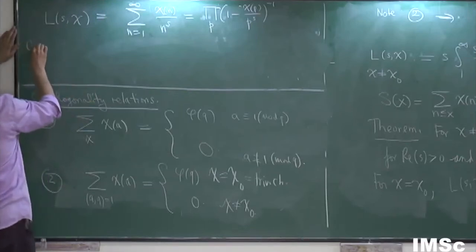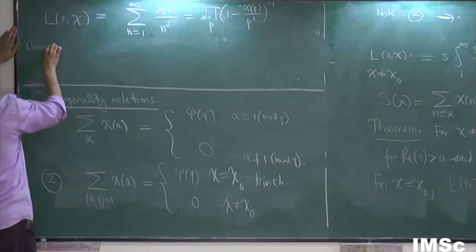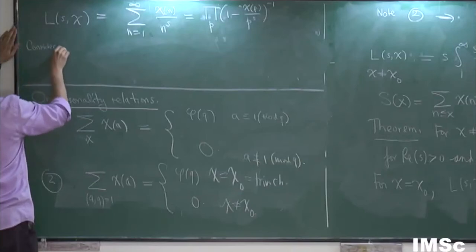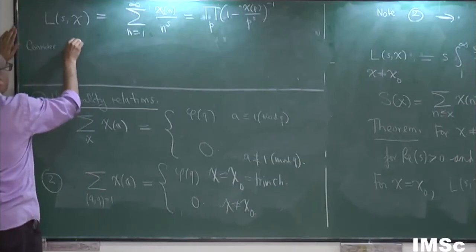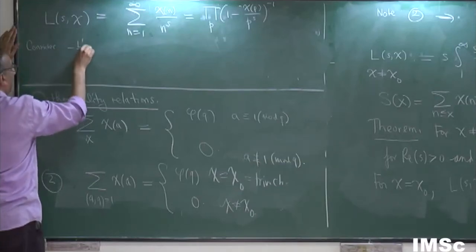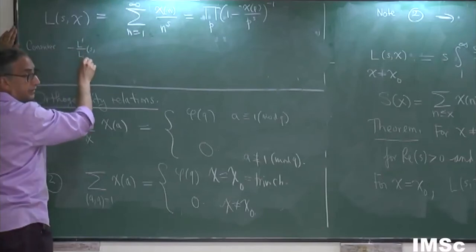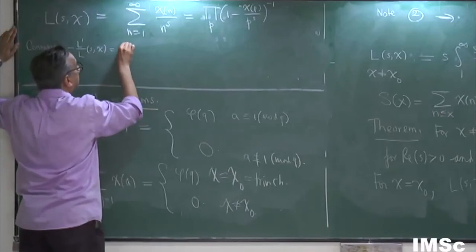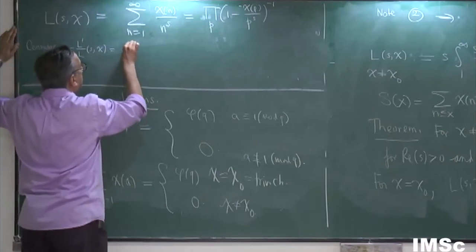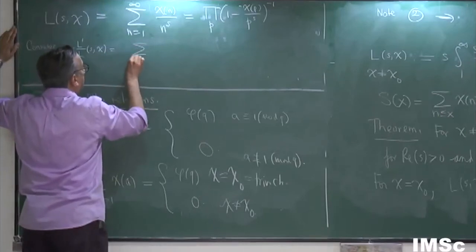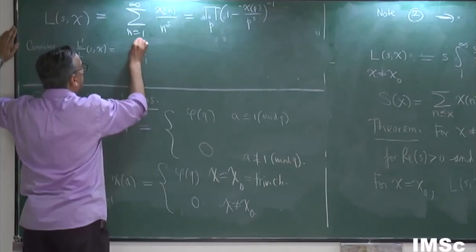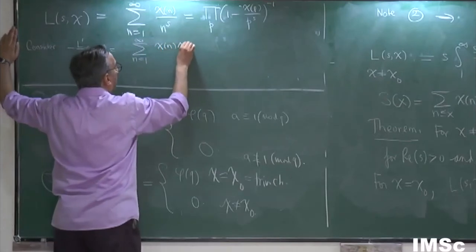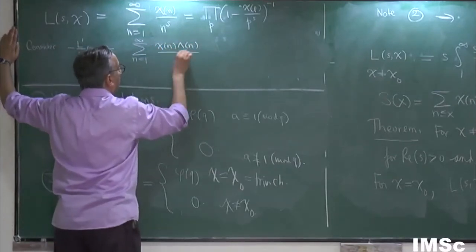Consider the logarithmic derivative, firstly, minus L prime, just like before when we had zeta prime over zeta of s, right? So if we look at L prime(s, chi) over L(s, chi), you can see that this is going to be, I'll leave this as an exercise for you to do, the sum of chi of n, the von Mangoldt function over n^s.